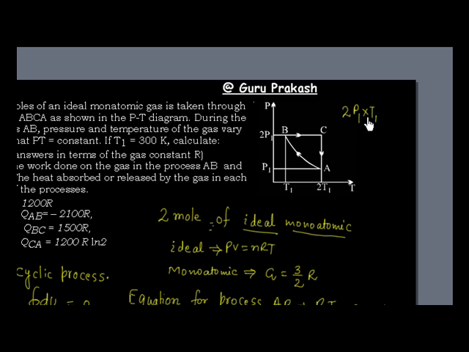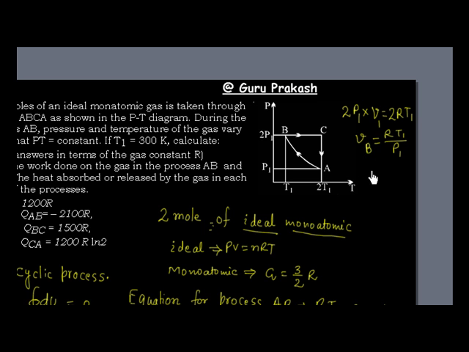So 2P1 times V1 equals nRT1, and what is the volume V1? The 2 cancels out, so V1 is RT1 by P1. So this is the volume at B.